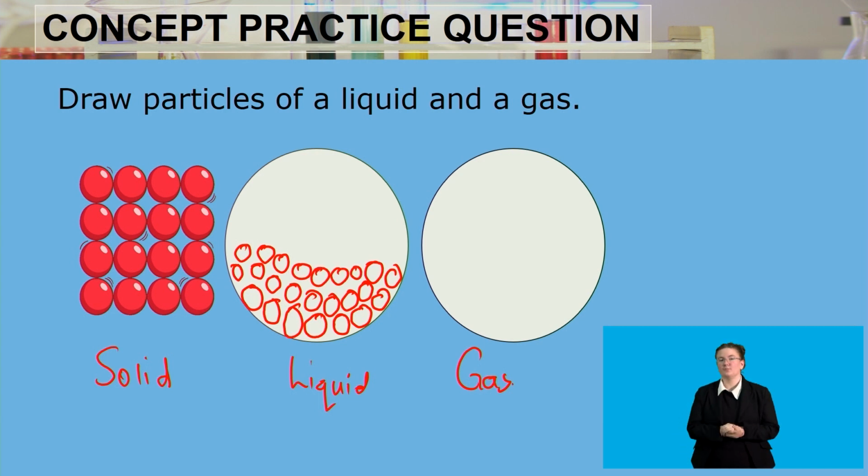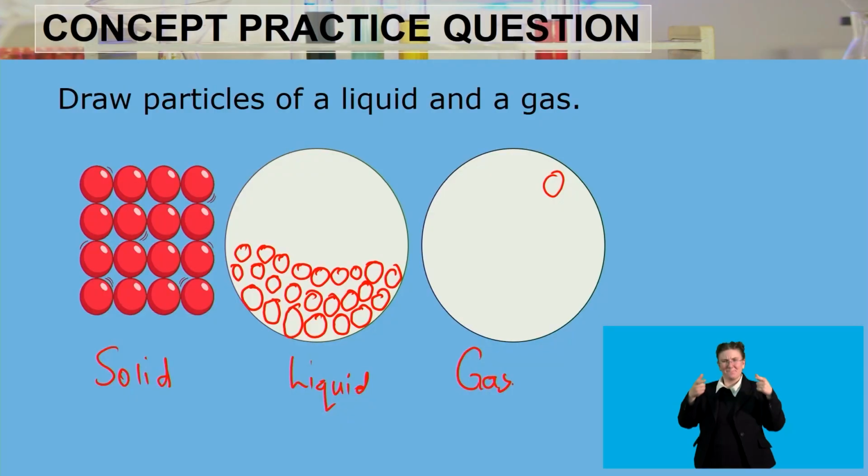There we go. Then the gas particles, we do know that the gas particles spread and fill the entire container in which they are in. And the spaces between the particles are much bigger as compared to the two other states of matter, the solid and the liquid. So if I have my gas particle there, another one there, another one there, and so forth.